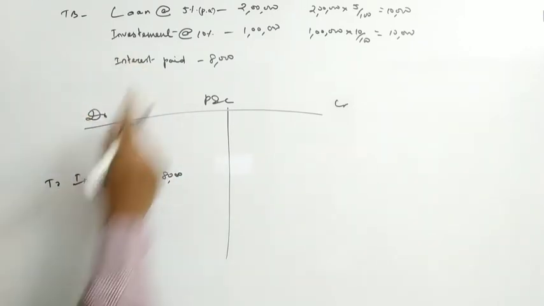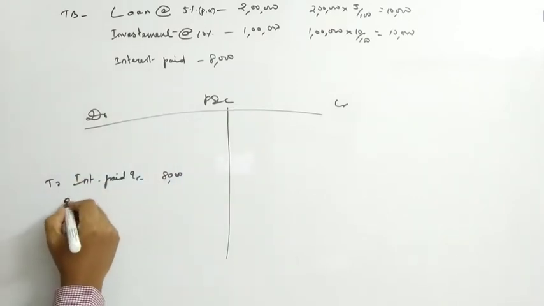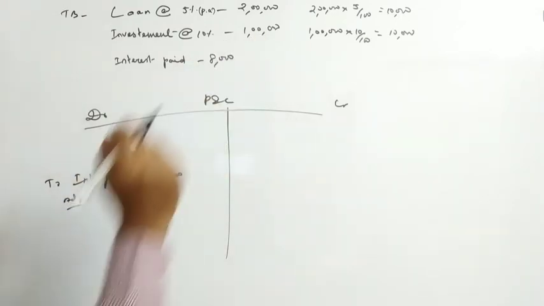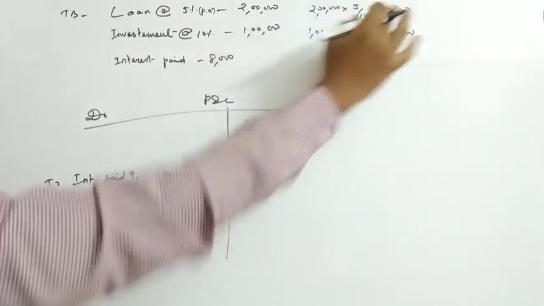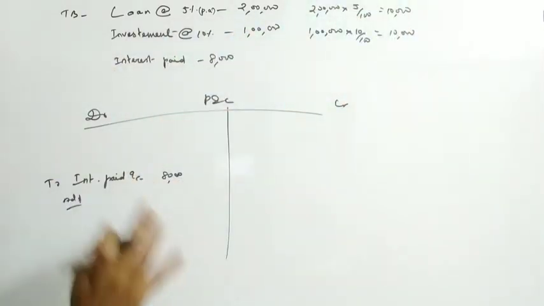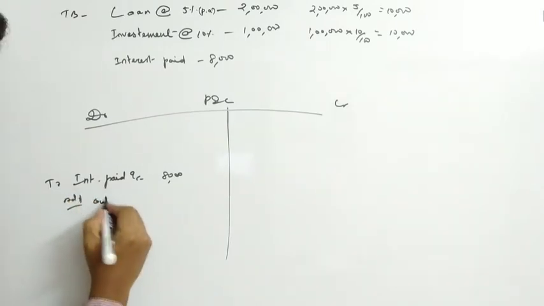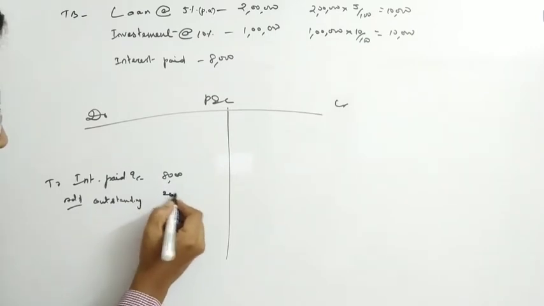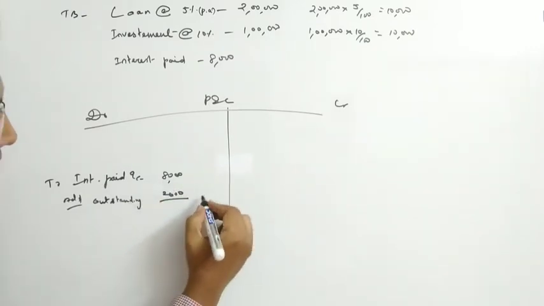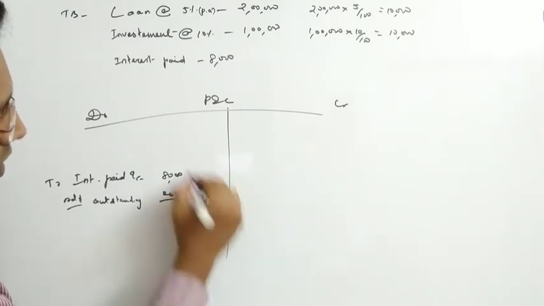Then adjustment, add. How much should be added? 2,000, because up to 10,000 it should be paid, and they have paid only 8,000. So the outstanding interest is 2,000. Adding together, put 10,000 in the outer column.